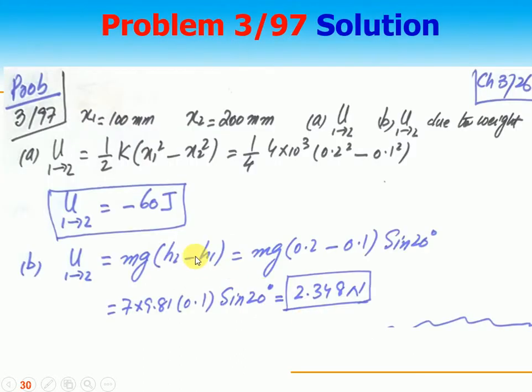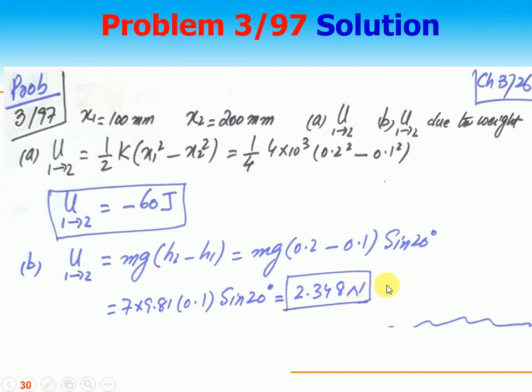We can find the other potential energy, taking the vertical component, that is sine of 20, and that is the work done by the weight. Work done by the weight is 2.348. It is moving downward, so of course it is positive. It should be joules. Please take it: it is not newtons, joules.